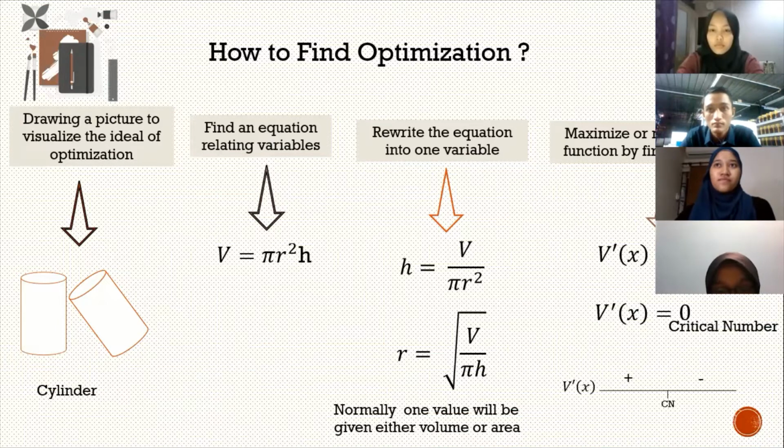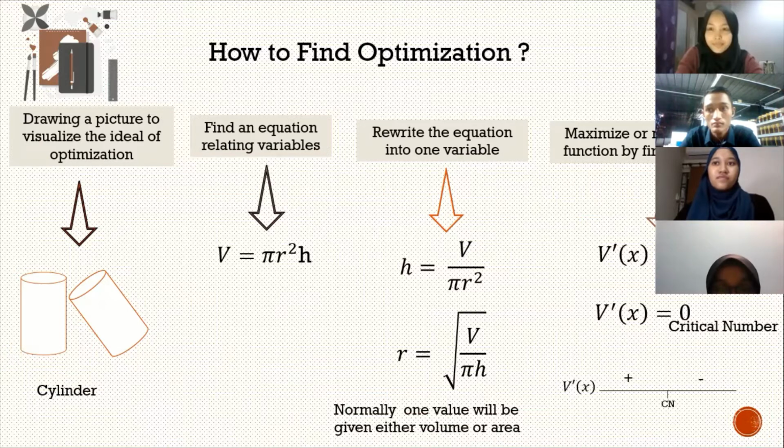Next, you rearrange the equation into one variable to find the unknown dimension that has been asked. Normally, one value will be given, either area or volume. And the last step is you maximize or minimize the function by the first derivative, locating the maximum or minimum value of the function.